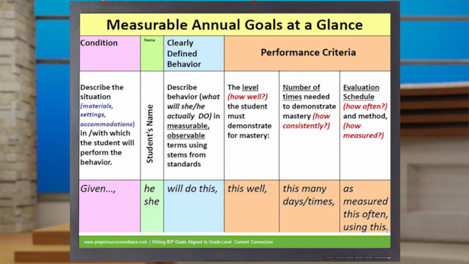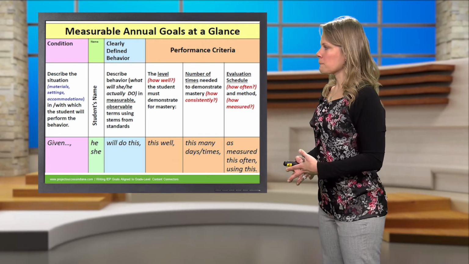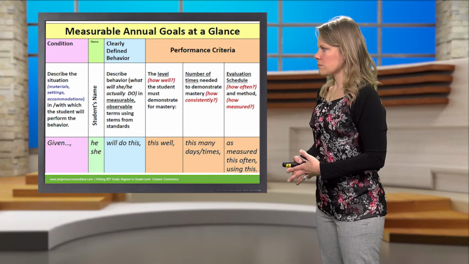The number of times that may need to be demonstrated in order to be considered mastered, or across how much time. And then how often will you actually check in to see how that progress is going? And what method will you be using?